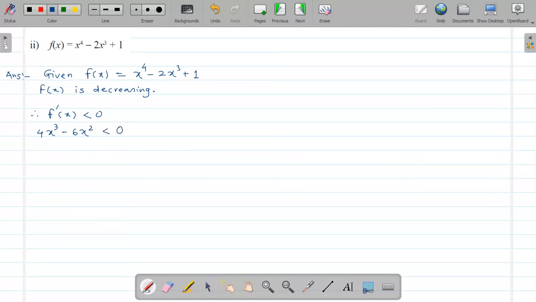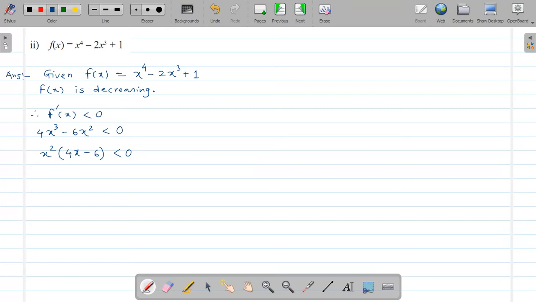Now we have to solve this inequality. From these two terms you will get x square common, into the bracket 4x minus 6, which is less than 0. Now see, the product of x square into 4x minus 6 is less than 0. Mathematically, if you observe, x square is always positive. So this is a positive number. So 4x minus 6 must be less than 0.